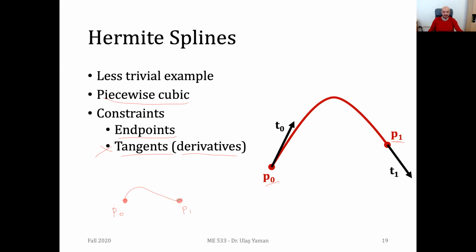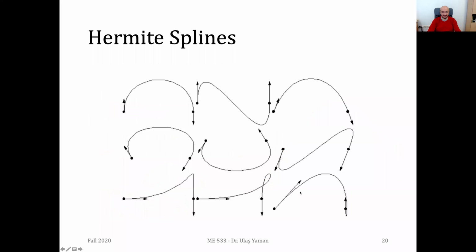I may have such a spline, or another one, or you may have such a kind of a curve, maybe this one. So as you see, if you do not provide the tangents, then you will have an infinite number of possibilities. But once you define the tangents, then you don't have much option. You can only have a single solution.